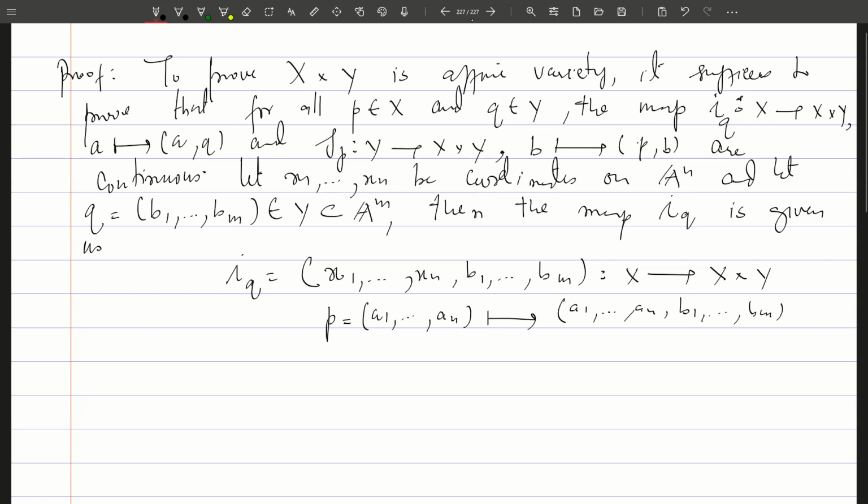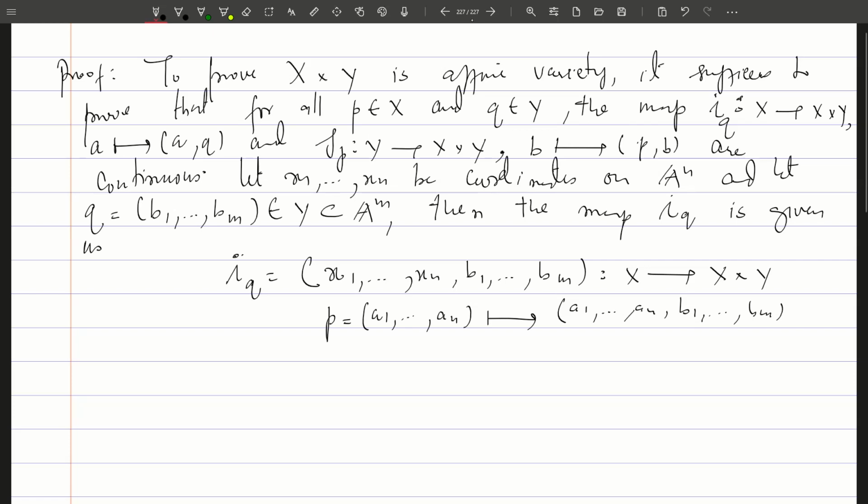One can note here this map is a regular map, a morphism, because it is given by the n plus m tuple of regular functions on X. These x1 up to xn are regular on X.